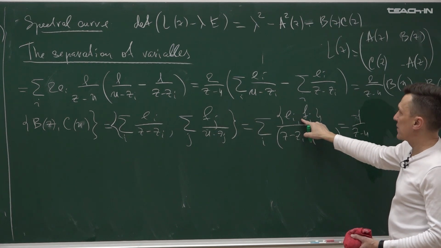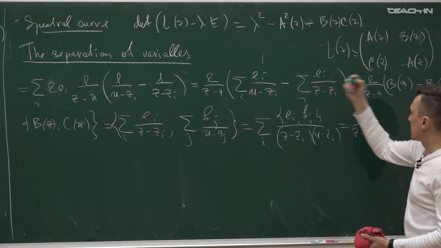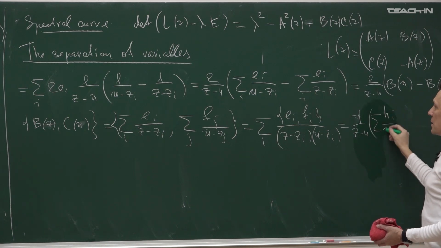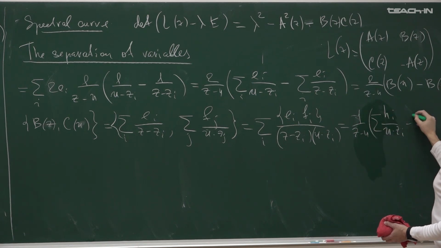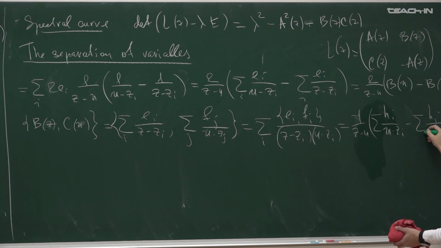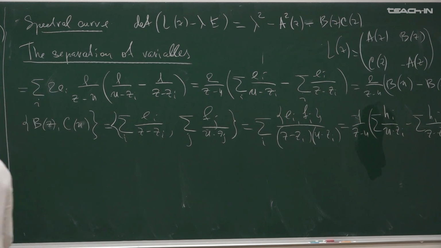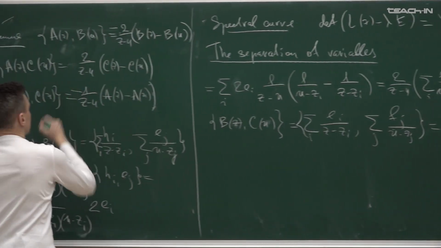And here I have h_i, the sum of h_i over (u minus z_i) minus the sum of h_i over (z minus z_i). So it is also the opposite sign here.